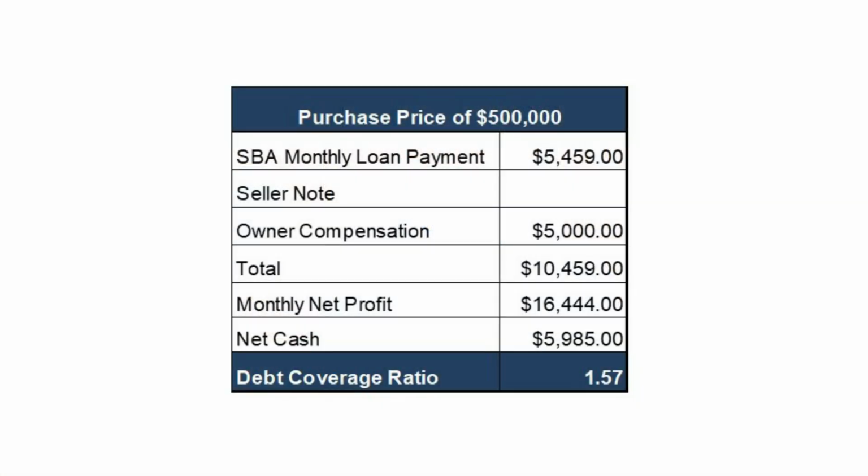You take that away from the monthly gross net profit, or the SDE divided by 12, of $16,444, and you come up with a net profit after those two expenses of roughly $6,000.